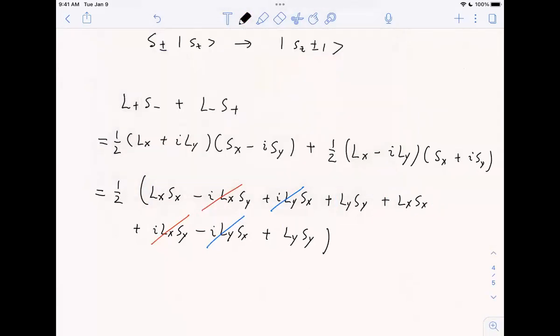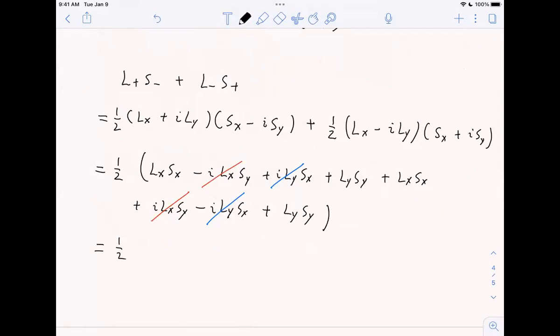So eventually you get 1/2. You have 2 Lx Sx, and here these two are the same, then you have 2 Ly Sy.